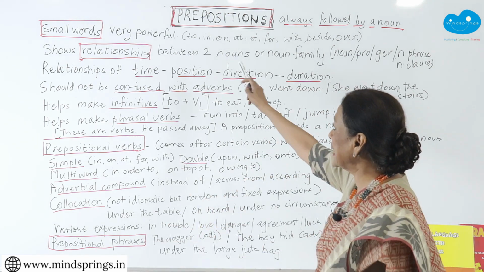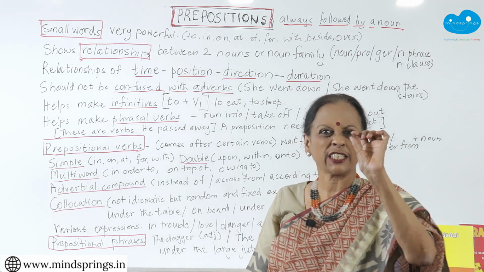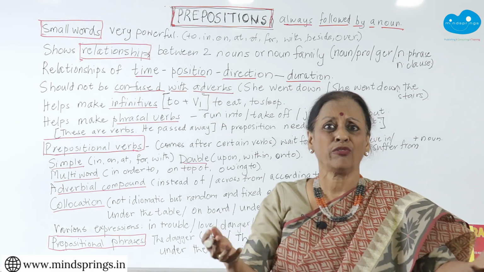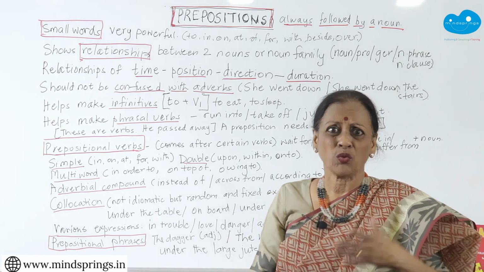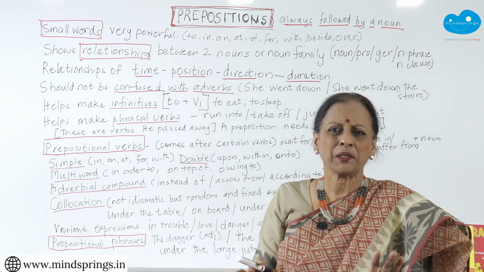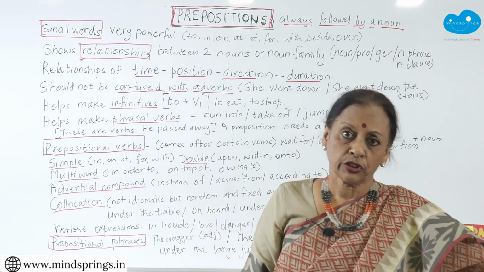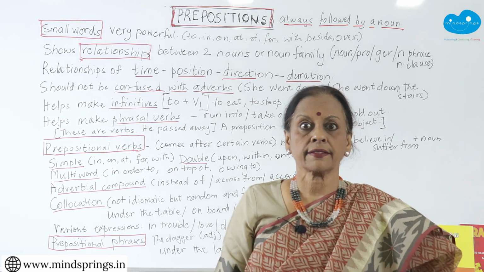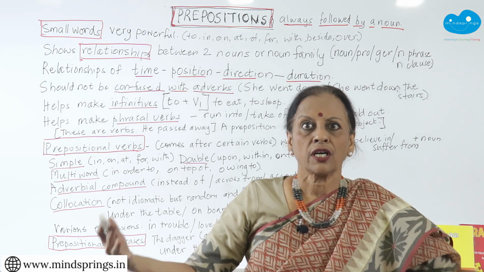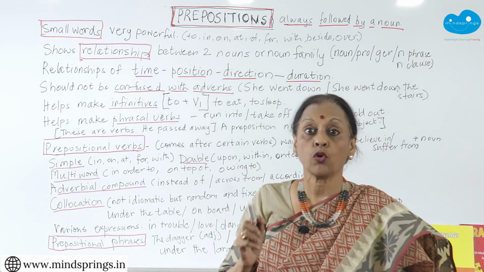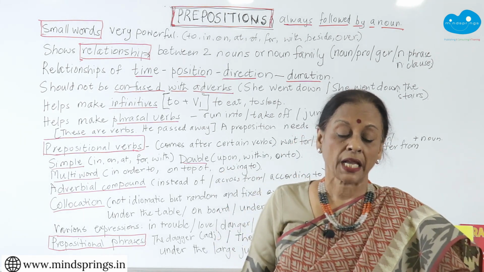First of all, they are little, very small, tiny words, like to, in, on, at, of, for, with, beside, over, under. They're very tiny little words, but they create a lot of complications, and there is a massive complexity about prepositions. I am just going to show you today how complex prepositions are.